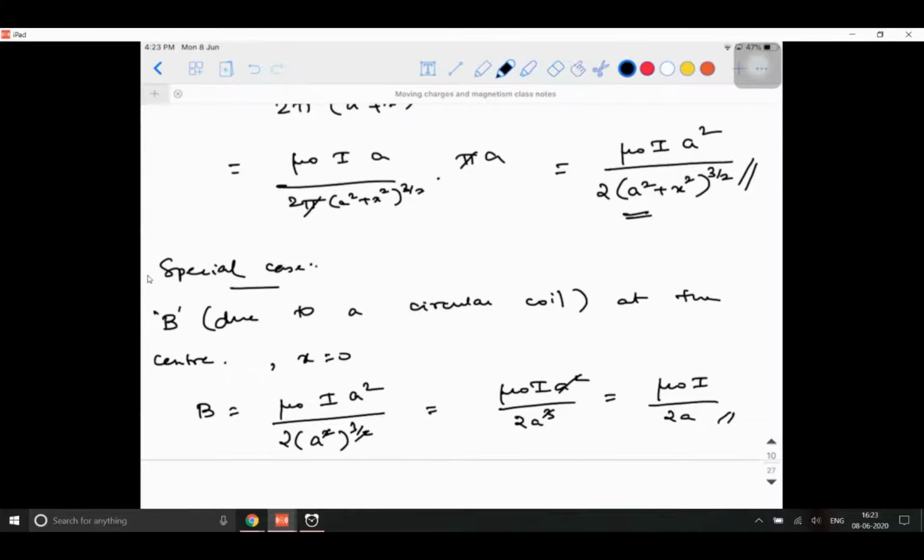Infinite wire. Due to an infinite wire, when you take the point P at a distance a, and you take the point P somewhere in between the ends of the wire. See, there are two scenarios I told you for an infinite wire also.